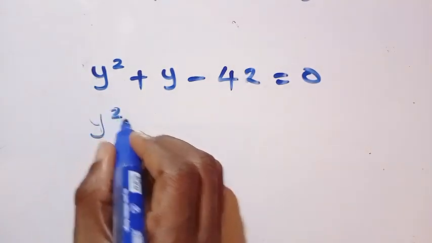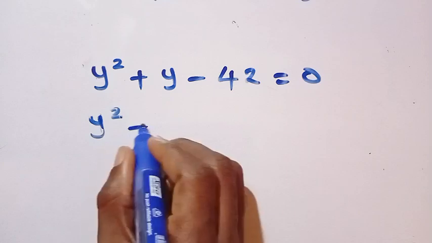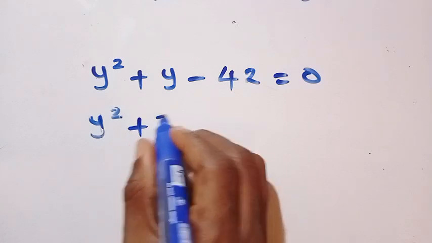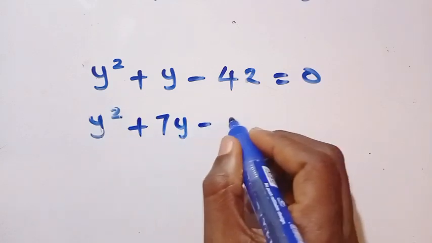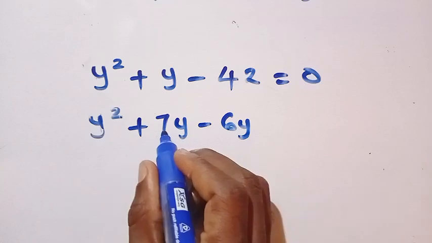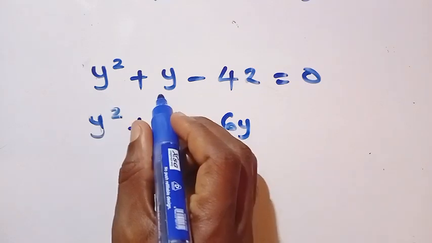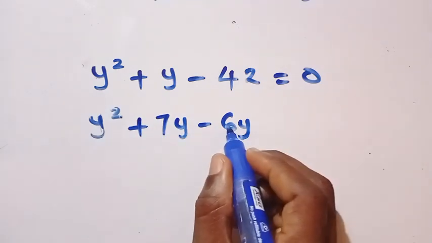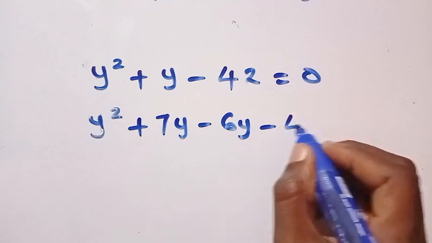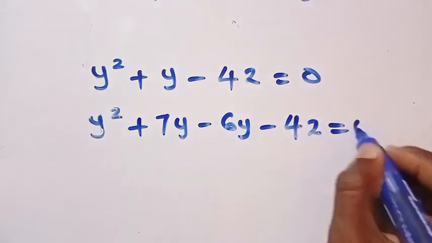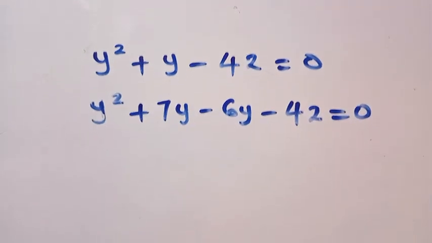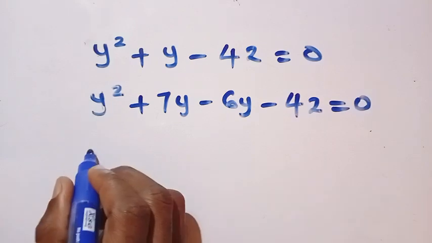Suppose I have y squared plus 7y minus 6y. 7 minus 6, that is 1. And 7 times minus 6 gives us minus 42 equals 0. And we try and group this together.